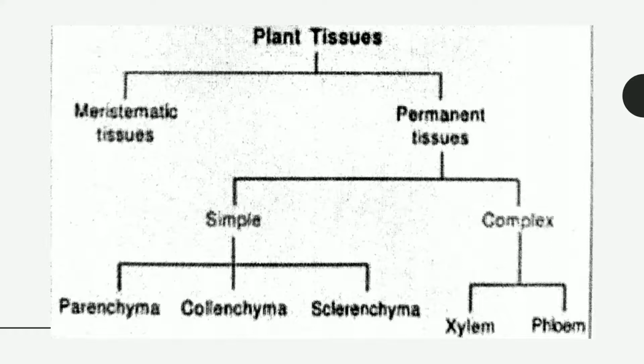If we talk about the permanent tissue, permanent tissue obviously will have different shape and size. When they attain their maturity, they have their specific functions. Permanent tissue doesn't have the ability to divide.